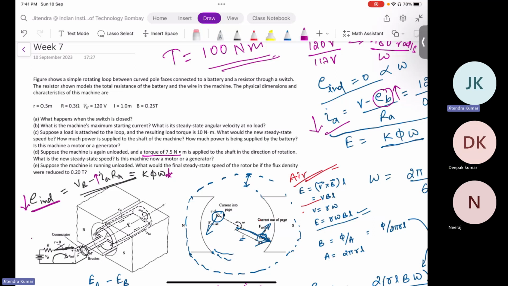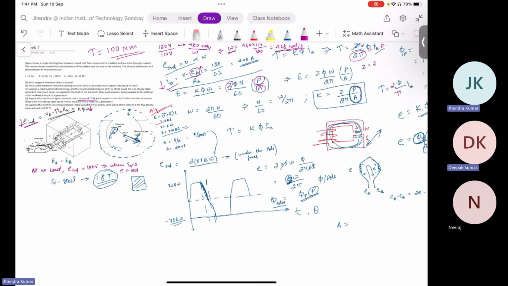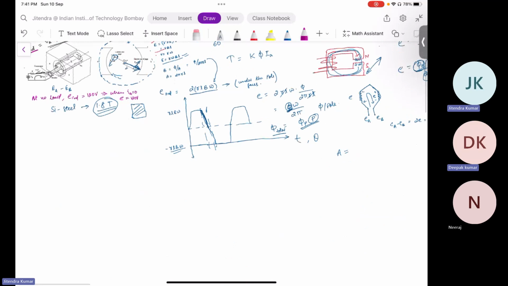Okay, so let us compute what will happen. Now you are applying torque to the shaft, and it is applying external acceleration to the rotor, and EMF induced will surpass the supply voltage.